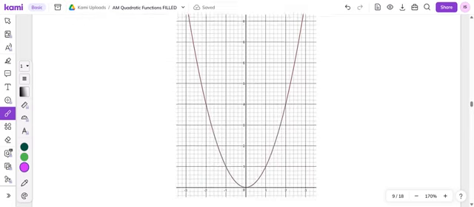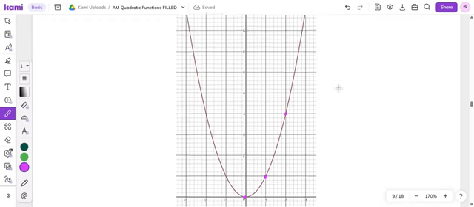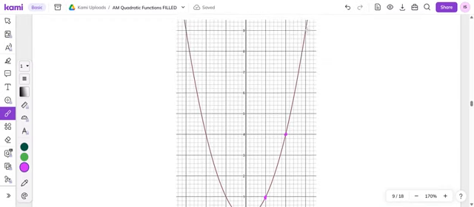Okay, and I want you to look at this parabola, draw a dot on the vertex, and now go to x equals 1 and find the dot at x equals 1. Go to x equals 2 and find the point on the parabola at x equals 2. And find the point at x equals 3.